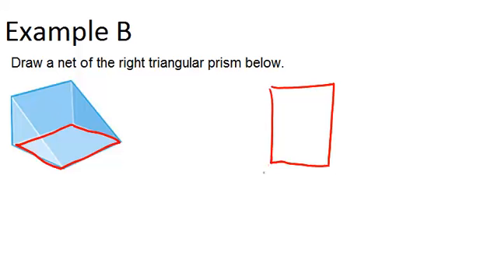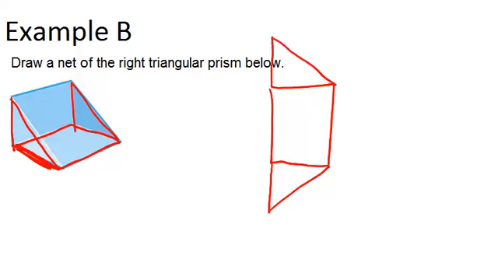And then I notice that attached to that rectangle, there are 4 different faces. From right here, there is attached a triangle like this. So that matches this triangle right here. On the other side, there is also a triangle that is parallel to the original, or the first one.